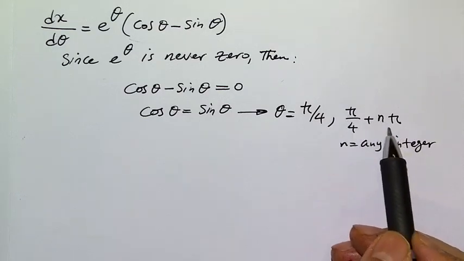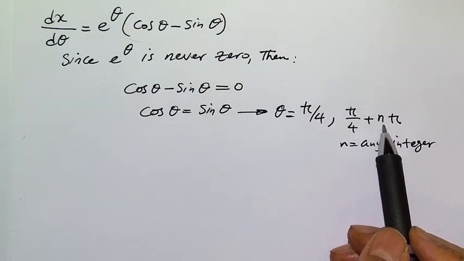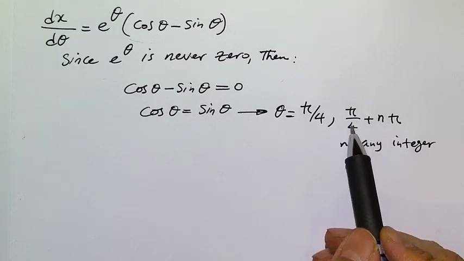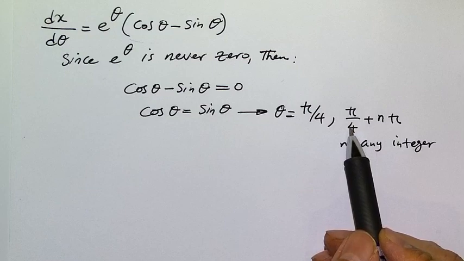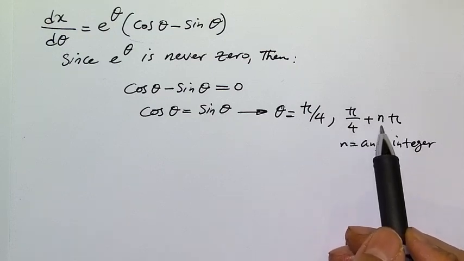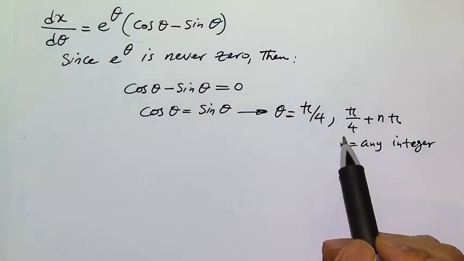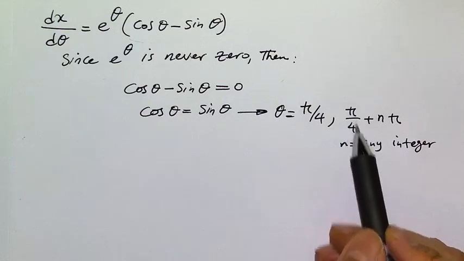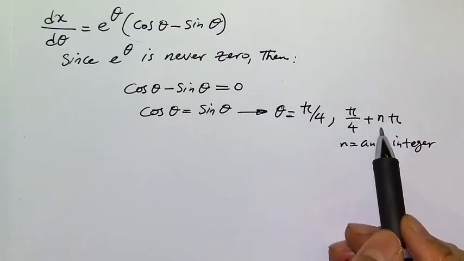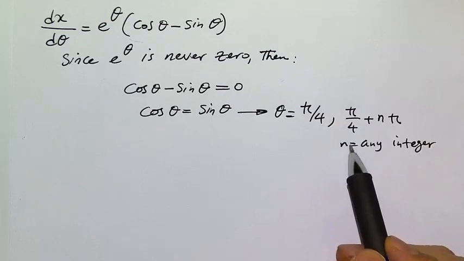If n equals 1, I'm just going through the positive integers, pi plus pi over 4 would be in the third quadrant, and then 2 pi plus pi over 4 will be again in the first quadrant. So what we get from this is the first quadrant and the third quadrant.